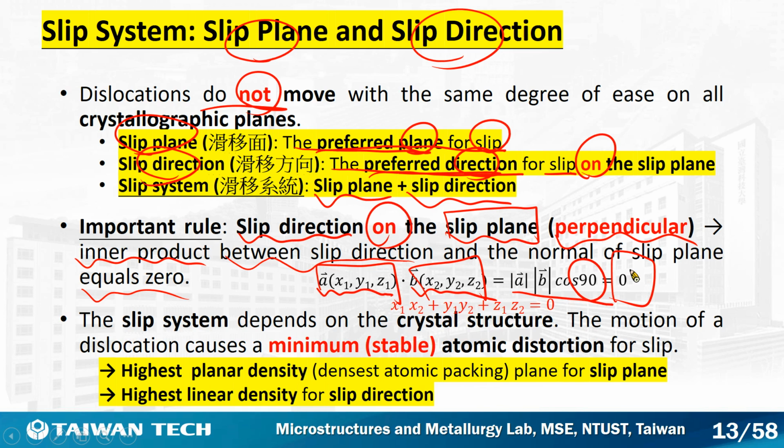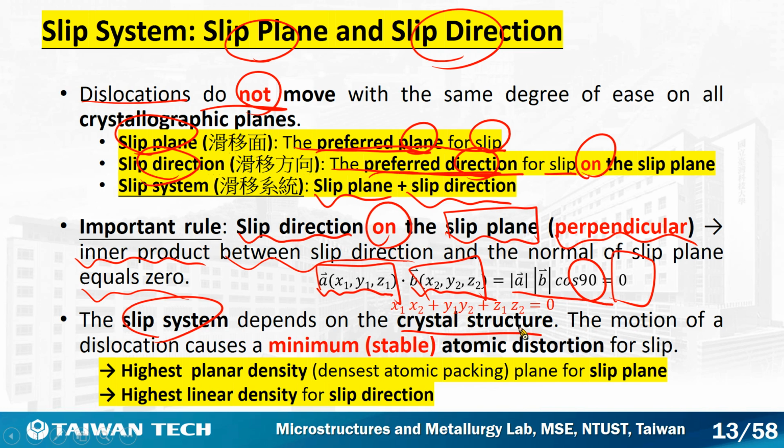And also, as we said, dislocations will have a preferred plane and direction for slip. So these slip systems, of course, depend on the crystal structure. For different structures, they will have different slip systems.